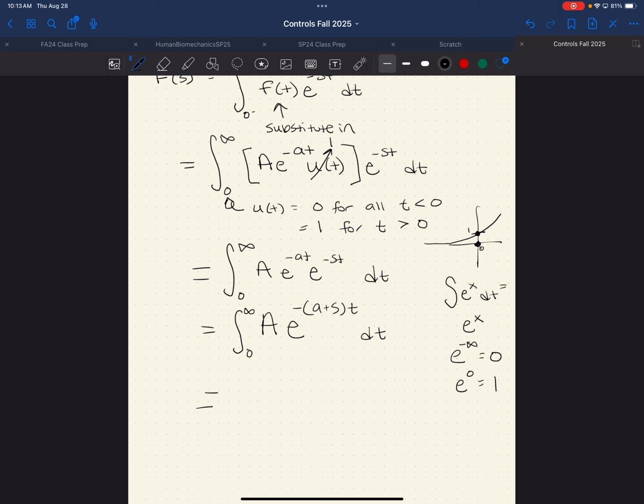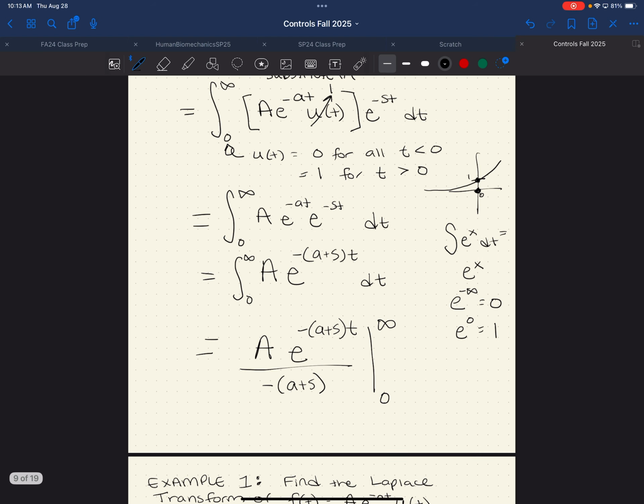So what we end up with here is a e to the minus a plus s of t, but we can't forget to divide by the extra, which is minus a plus s. And then we need to evaluate that at our limits of integration from 0 to infinity.